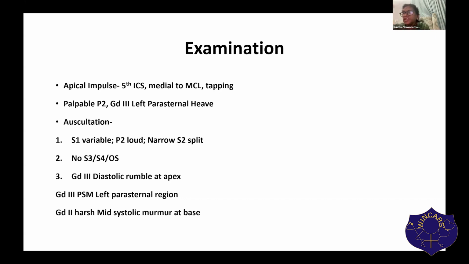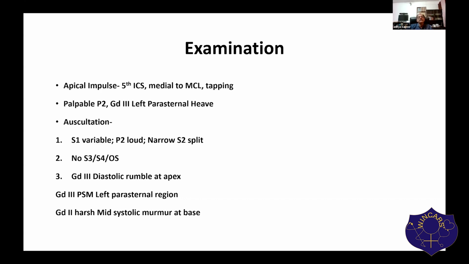I'm telling this is severe AS. How does it affect? Is there anything in your history? There is exertional angina in the history. Yeah, that is there. But how does it affect the other findings? Why does it mask? पहले बता, why does it mask?